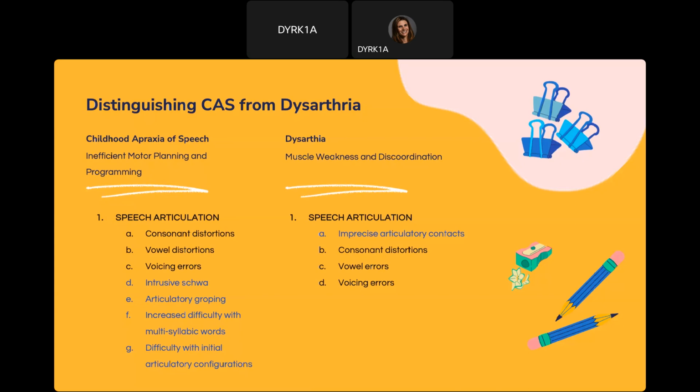So for dysarthria, this would be imprecise articulatory contacts. So this is a sciencey term, but it is what it says. It's so imprecise, meaning, I meant to step here, and maybe I was close, but the contact wasn't touching.